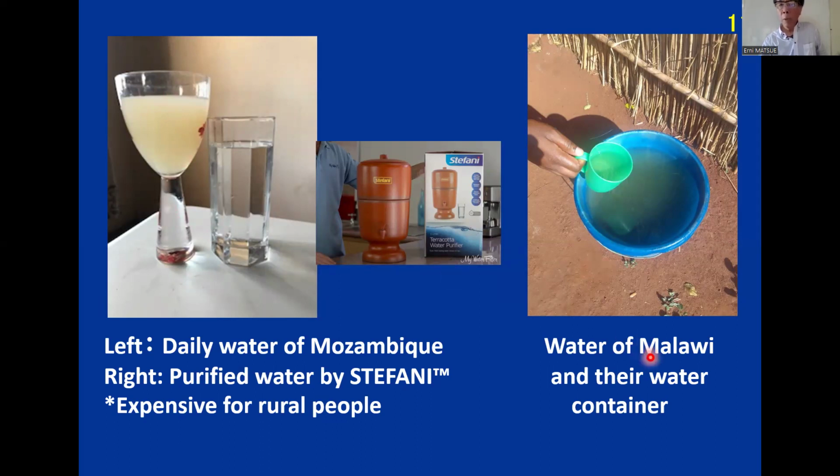And this is from Malawi. This is the water in a bucket. They put water in the bucket and use it for drinking. So both are not very nice water. This is a reality.